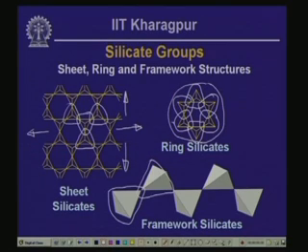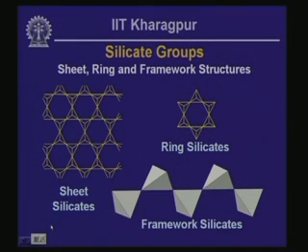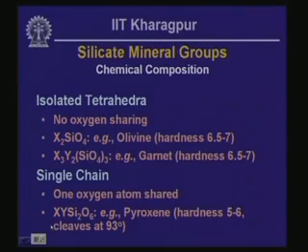Many types of minerals, as we will see later on, will be comprised of single tetrahedra instead of a combination of several tetrahedra as we have considered here, or there are minerals which are composed of double tetrahedra, and double tetrahedral minerals are more rare than all the other types of silicate minerals that we have discussed. Okay. So, that gives you the chemical structure, essentially, of different types of silicate minerals.